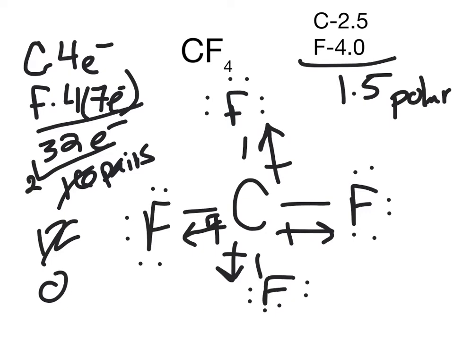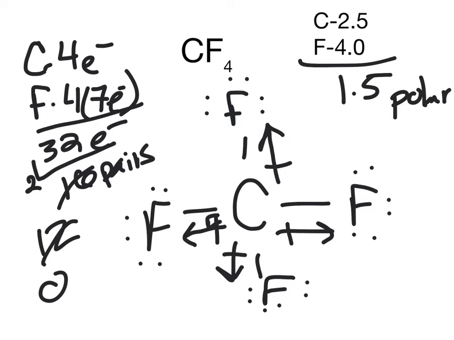So I can see that all of my bonds are going to be pulling in a tug-of-war kind of situation where everybody's pulling on that poor carbon, and they're all pulling equally in opposite directions. So just like a solid tug-of-war match, they're going to cancel each other out.